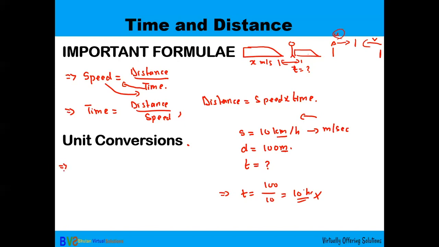The first way: 10 kilometers per hour can be written as 10 times 1000 meters divided by 60 times 60 seconds. When you solve it, you will get the answer in meters per second.